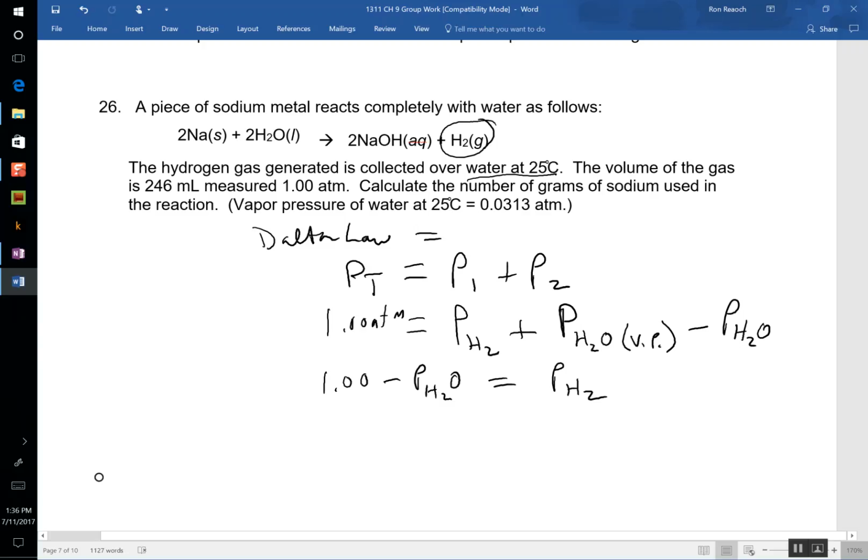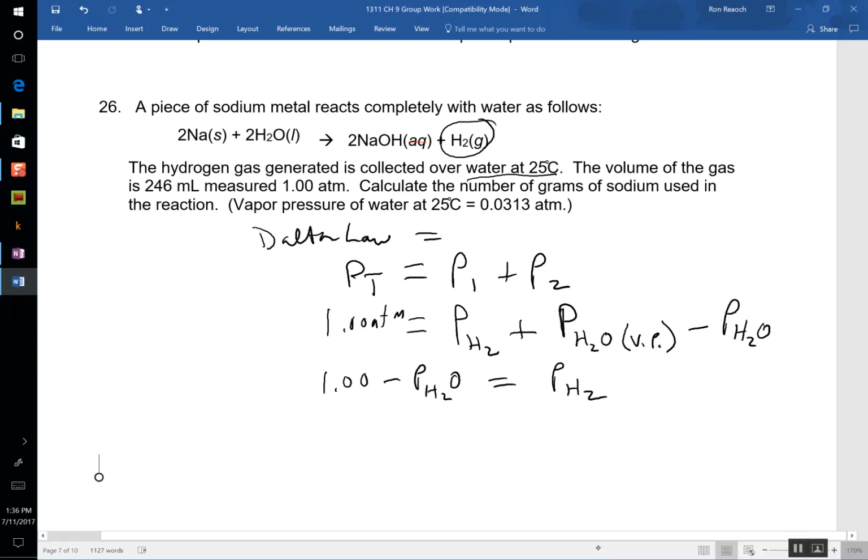So before we can do the ideal gas law, we have to compensate for the pressure of the water vapor that is in our collection flask. We know the volume of this gas, and it's generating 1 atmosphere pressure because that's what the pressure is that day. But it's hydrogen and water vapor mixed together.